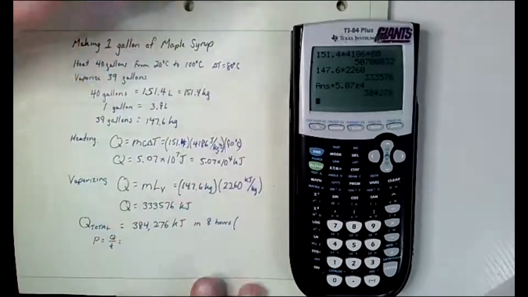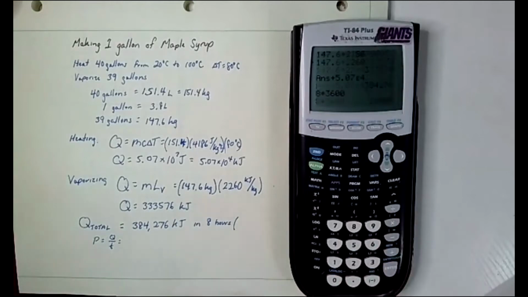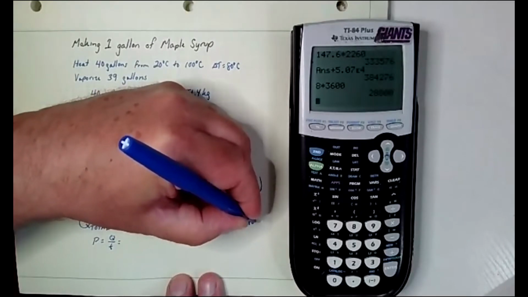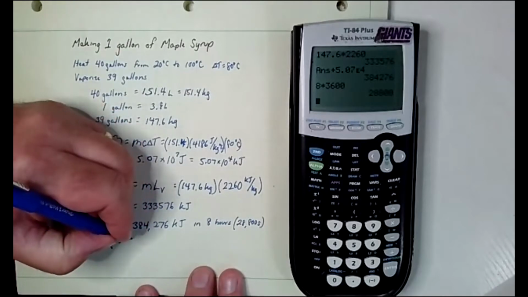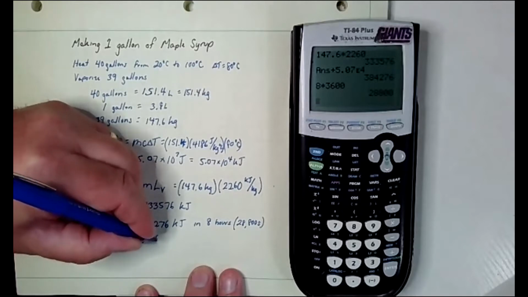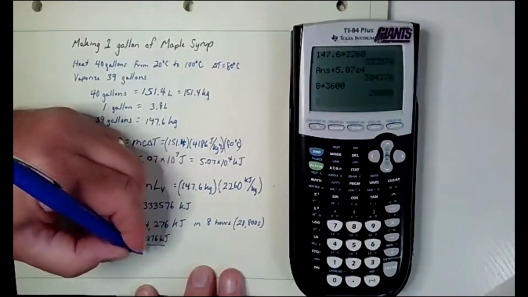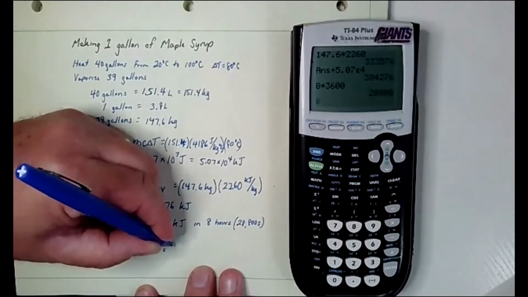8 hours, I can just convert this really quickly. 8 times 3,600, or could I use my unit converter too? All right, so that's 28,800 seconds. So 384,276 kilojoules divided by 28,800 seconds.